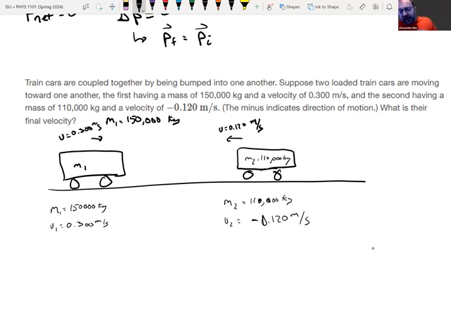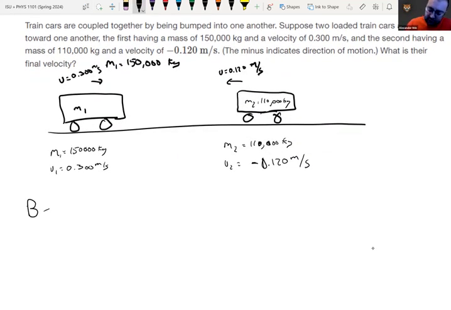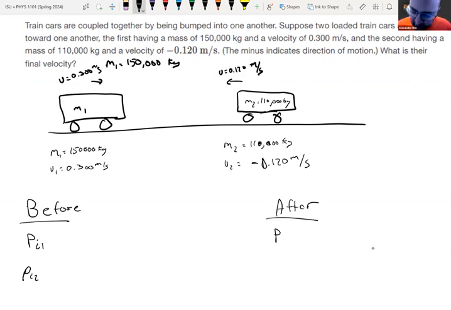Okay, now why? Well, we're going to do a before collision and an after collision. We're going to calculate the initial momentum of both of the cars: the initial momentum of car 1, the initial momentum of car 2, and then the final momentum of car 1 and the final momentum of car 2.